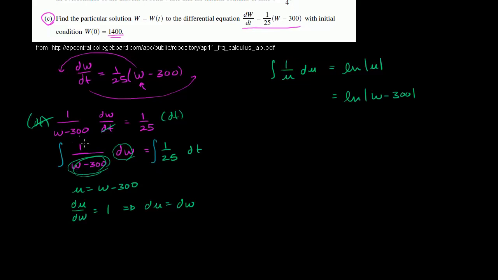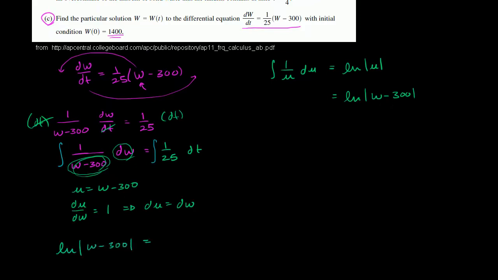Its derivative is 1, so it's essentially there. I can just take the antiderivative here and treat this whole thing as kind of a variable. So it would just be the natural log of the absolute value of that entire thing. So the integral of the left-hand side is the natural log of the absolute value of w minus 300.